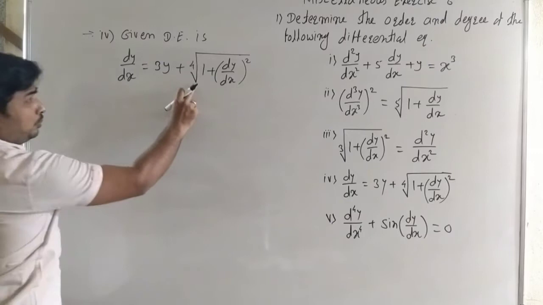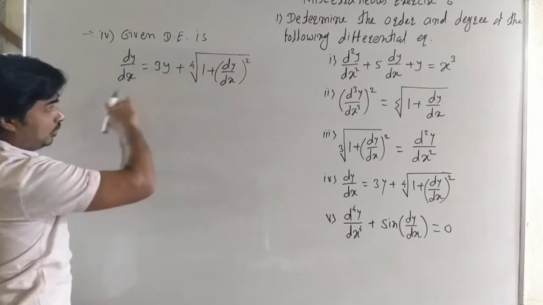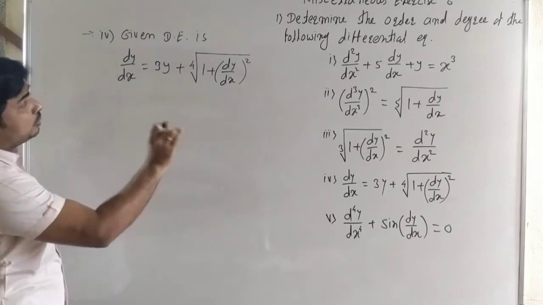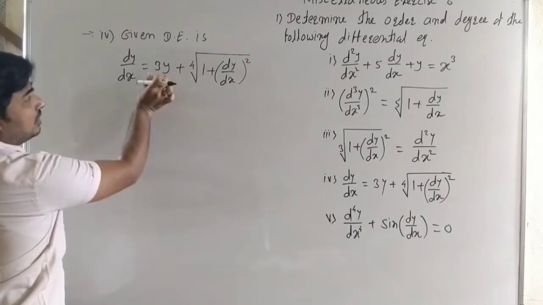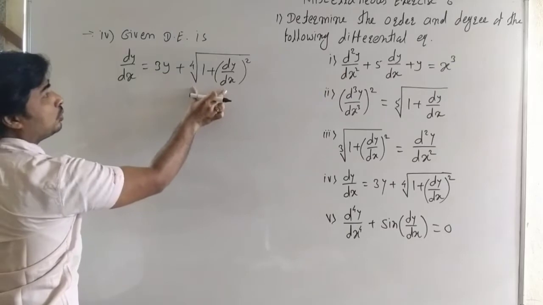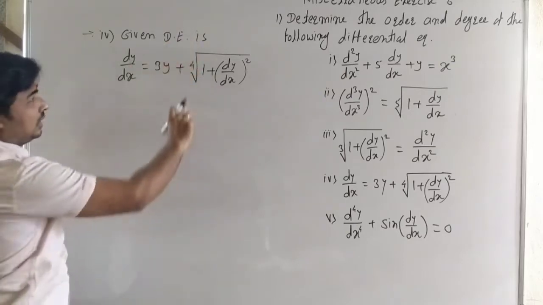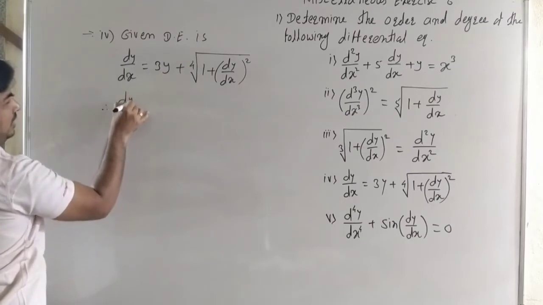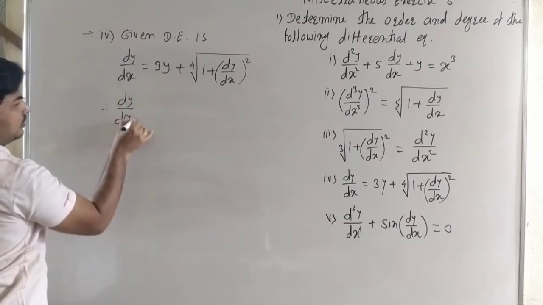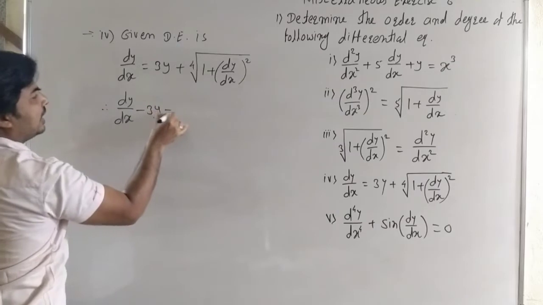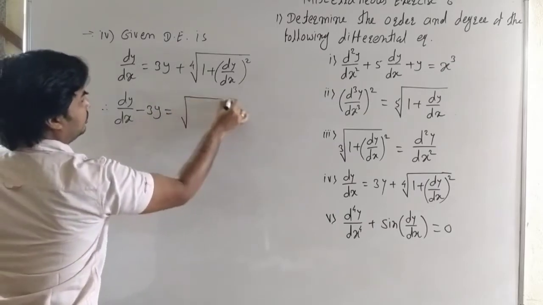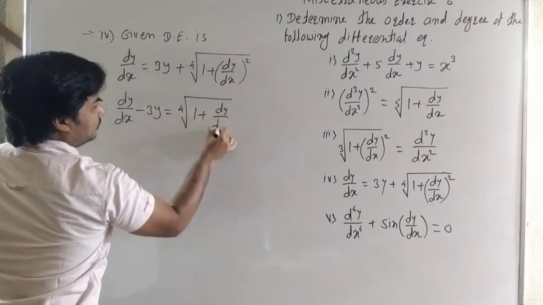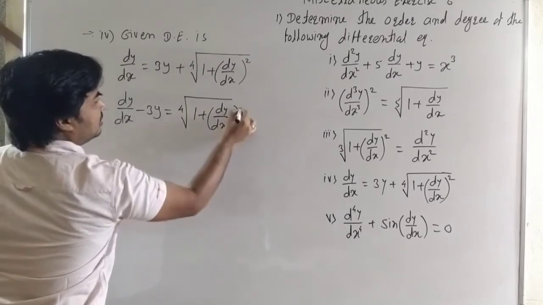Here it is a fourth root, so we take the fourth power on both sides. But if we directly take the fourth power on both sides, then it is 3y plus this fourth root, whole to the power 4, and this fourth root cannot be cancelled. So first we write dy by dx minus 3y is equal to the fourth root of 1 plus (dy by dx) square.